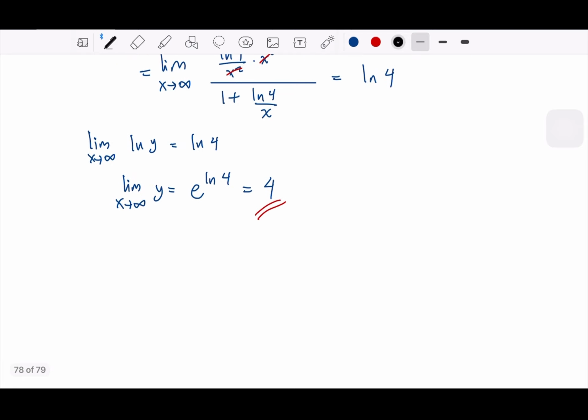Now, I will add additional notes. Suppose f is a positive function.